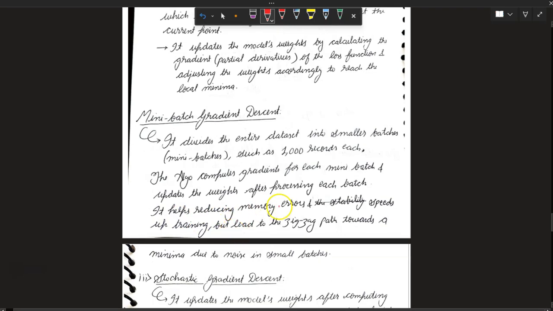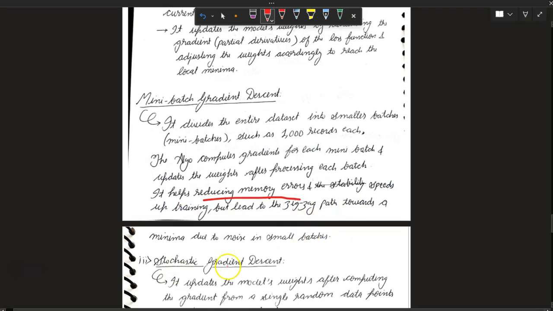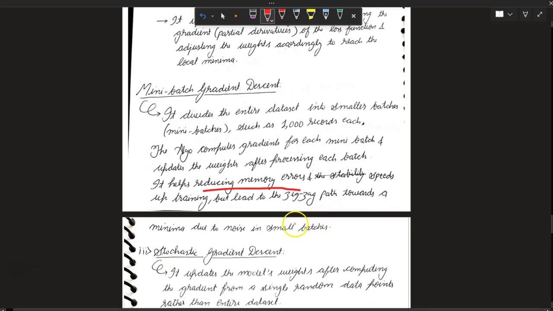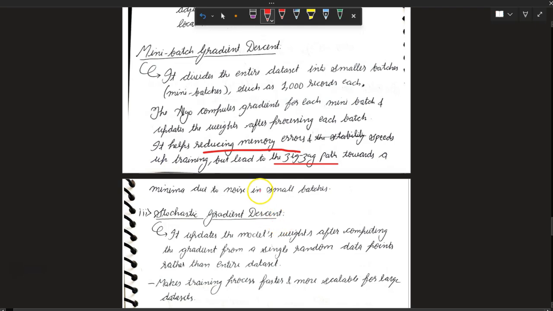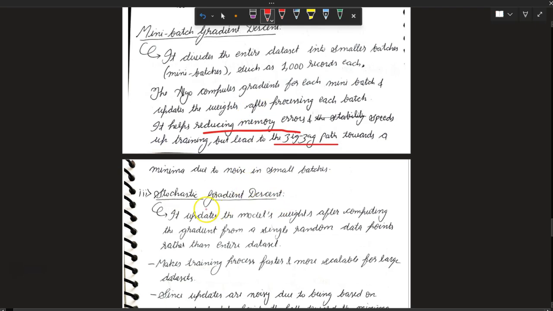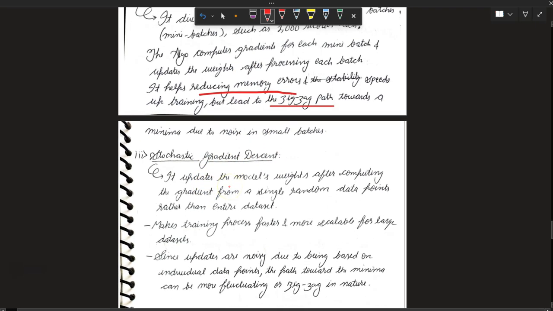It helps reduce memory errors and speeds up training, but leads to a zigzag path towards the minima due to noise in small batches. Small batches can generate some noise, so because of that it has a zigzag path. Just read it, and you have to write the same in the exam also.